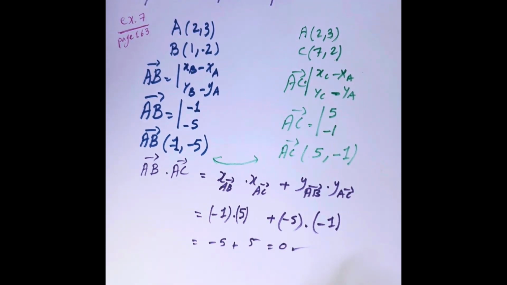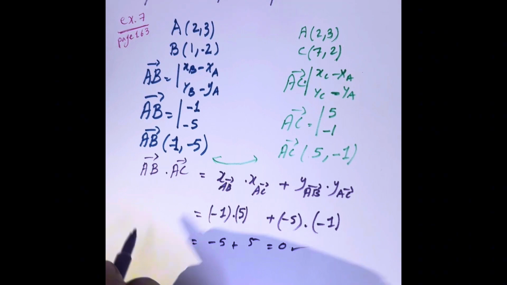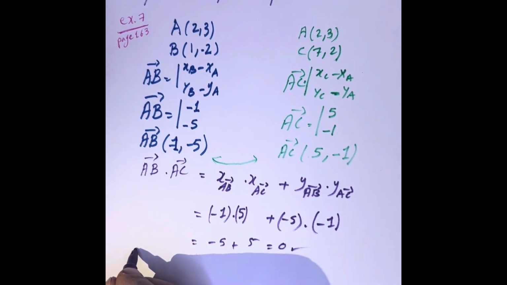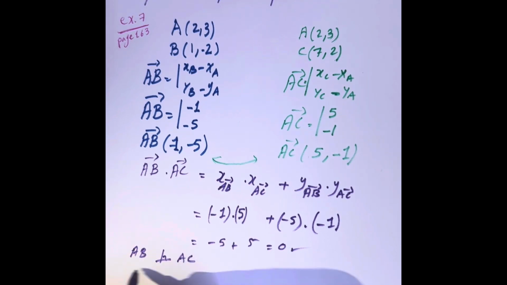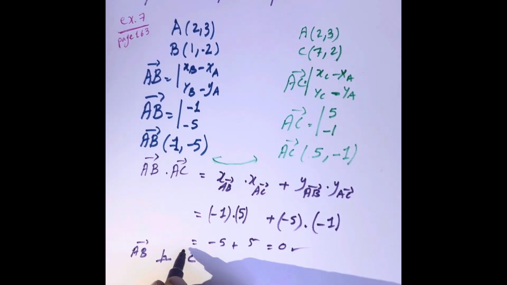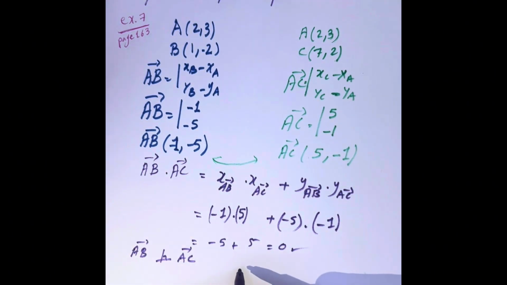And since it is 0, this means that, by the rule, AB is perpendicular to AC. AB and AC are orthogonal, as vectors, as lines, as you like, as segments. So in particular, angle BAC is 90 degrees.